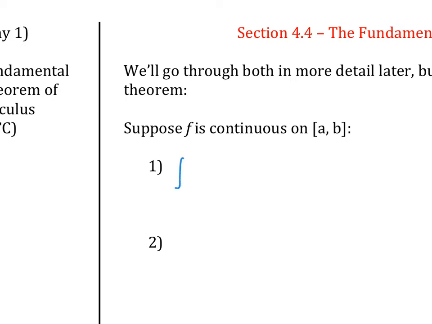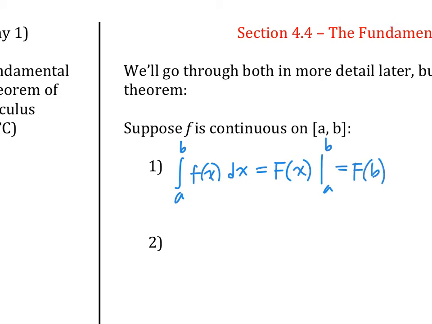The first part is the integral from a to b of a function f of x dx is equal to capital F of x from a to b, and we write it with a line, and I'll explain what that line means later, which is equal to F of b minus F of a.